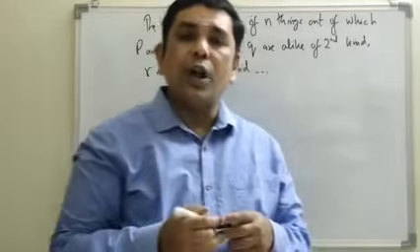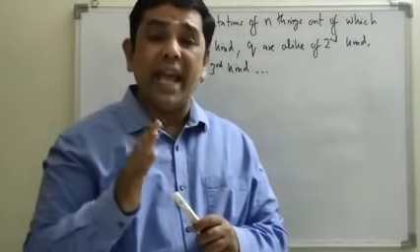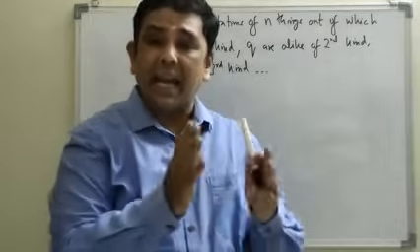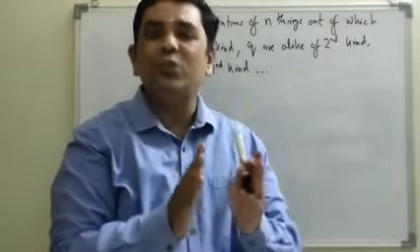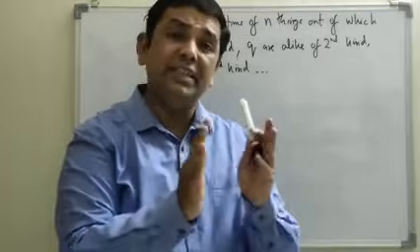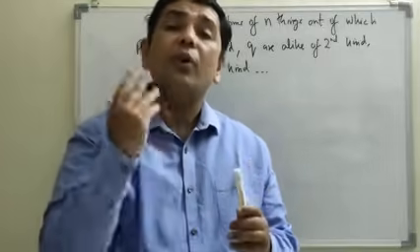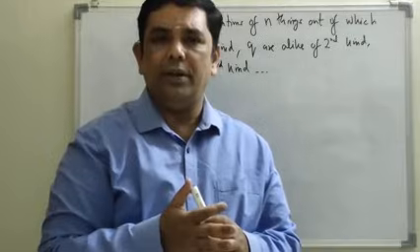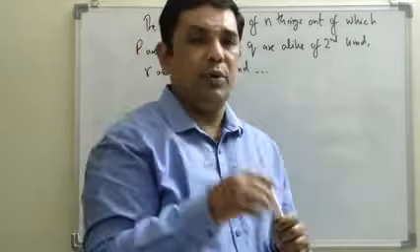So now we are saying that out of these n things, p things are identical, q things are identical, r things are identical. Now what will we say regarding the number of permutations?